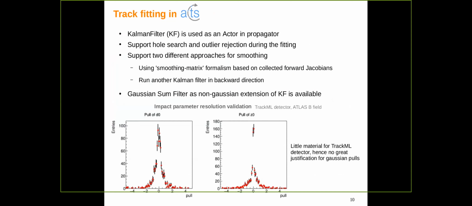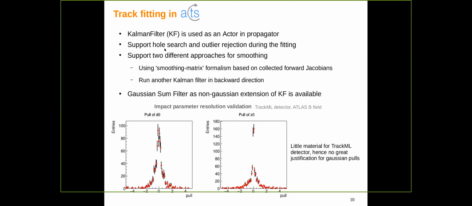So for the next few slides, I will talk about the track fitting and the track finding. The Kalman filter has been in ACTS for quite a long time, but over the past year, we have done a lot of optimizations on this. And it's used as an actor in the propagator as said before.